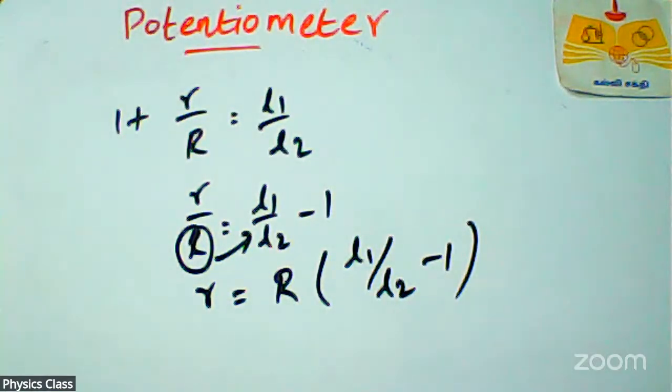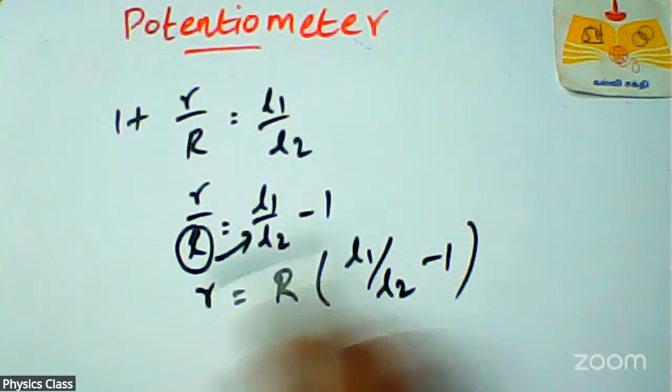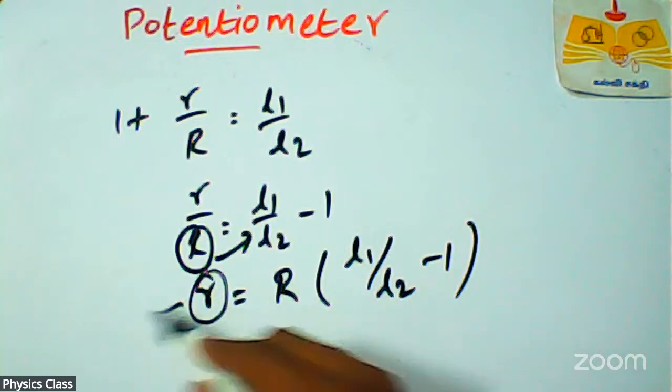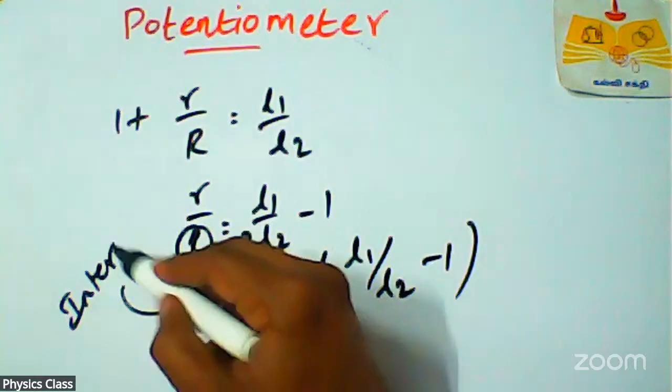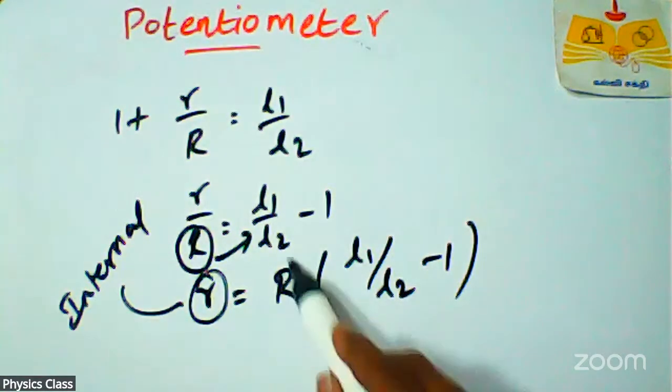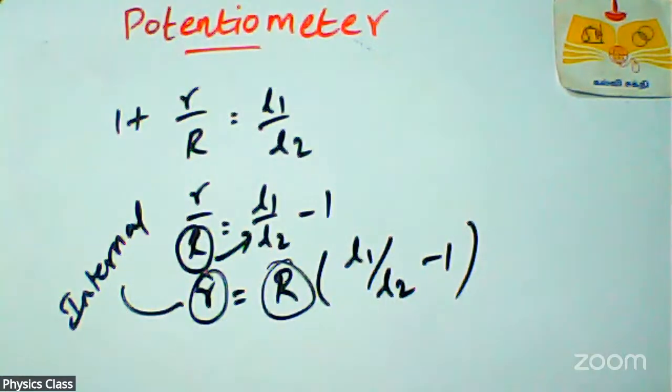Clear? So this is the step used to find the internal resistance, because r is here. Small r means the internal resistance of that cell, which depends on capital R, that is the resistance box resistance. L1 is the balance length before introducing the resistance box, and L2 is the balance length after introducing that resistance box.